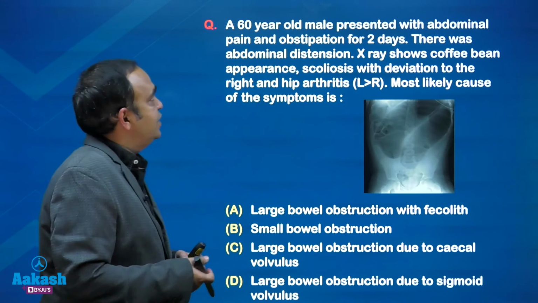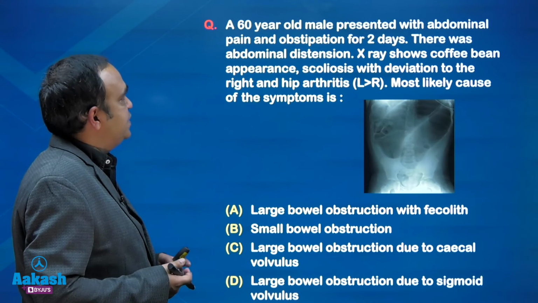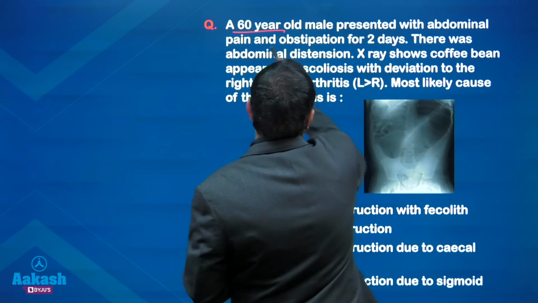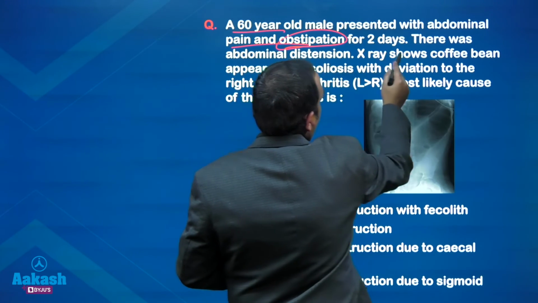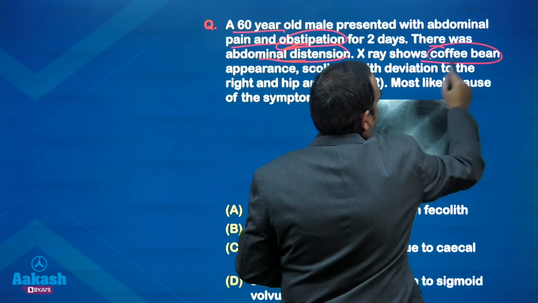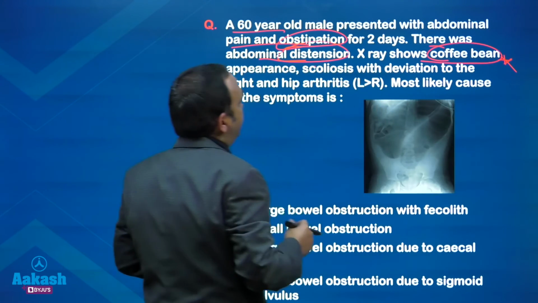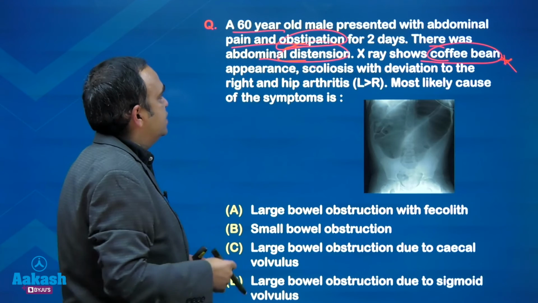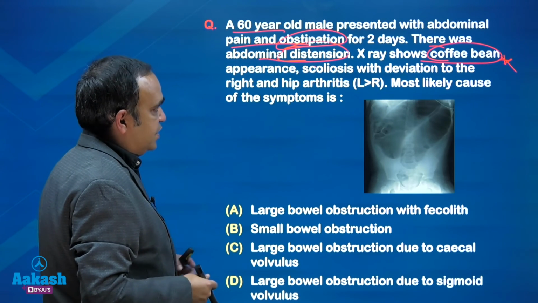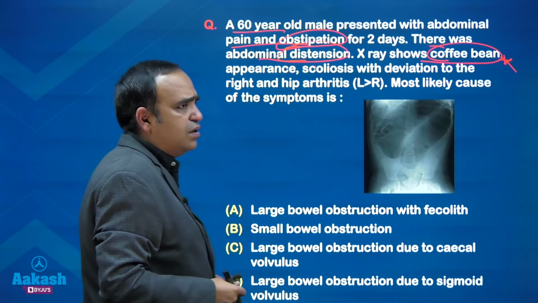So the next question is, a 60-year-old male presented with abdominal pain and obstipation with distension. X-ray shows, that's the most important clue, coffee bean appearance with scoliosis and hip arthritis. The most likely cause of the symptoms is an image based question.